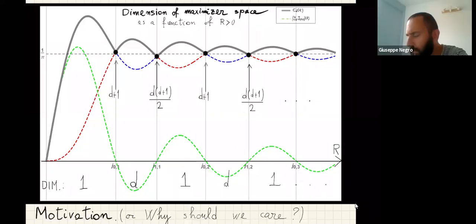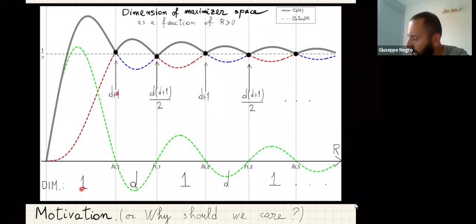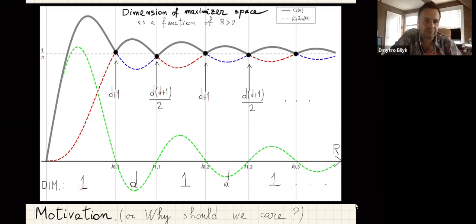Yes, you are right. And in between, it's either 1 or 2. So it's 1, 3, 2, 3, 1. Okay, interesting. So you have the same dimension, but different maximizers at adjacent roots.